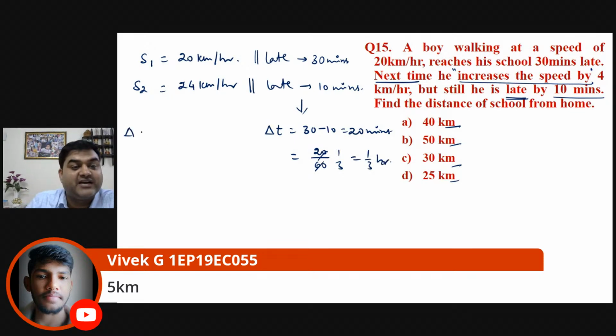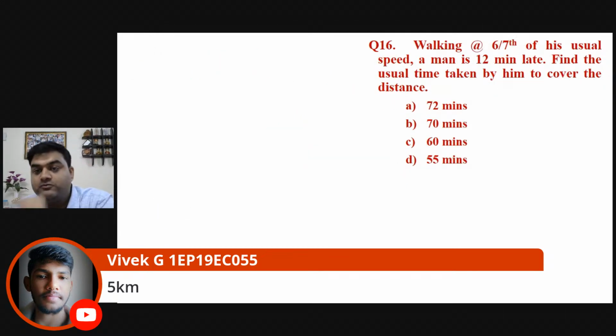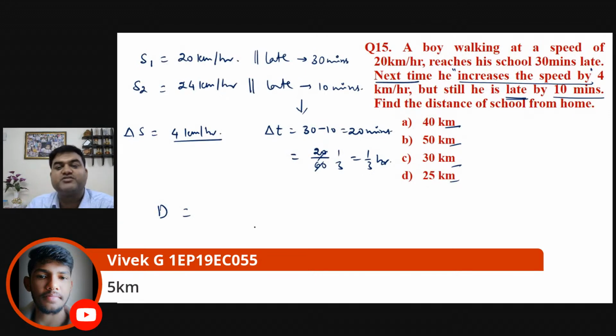Now find delta s. Delta s is equal to s1 minus s2, whichever is bigger. So 4 kilometer per hour. Got it? Okay, now apply the formula. They have asked to find the distance of the school from the home. Distance is equal to delta t into s1 into s2 divided by delta s.